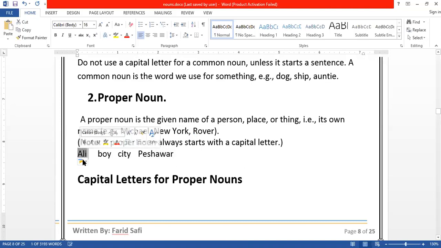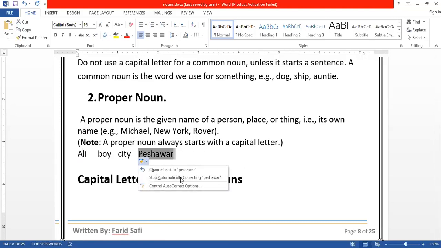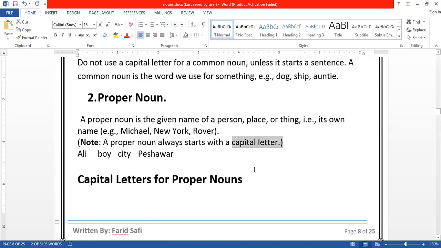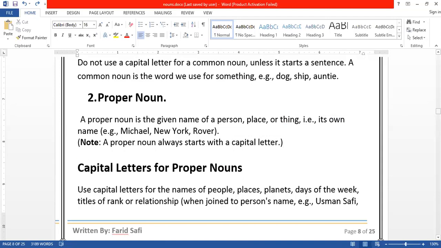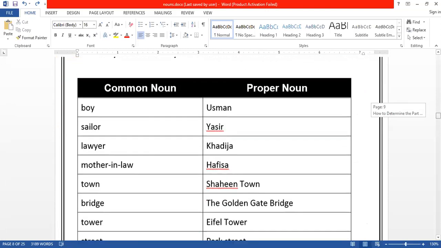Like Ali, A will always be capital wherever it comes in the sentence. P will always be capital wherever it comes in the sentence. So always remember, proper nouns always start with a capital letter. That is the difference between proper nouns and common nouns.